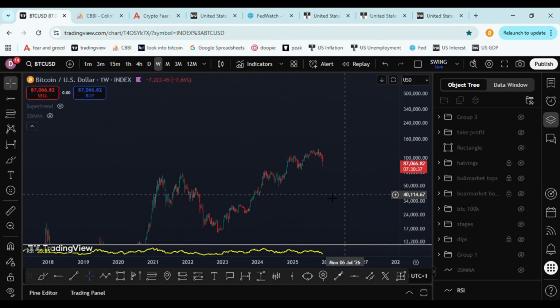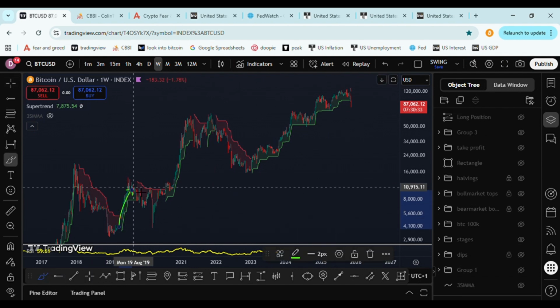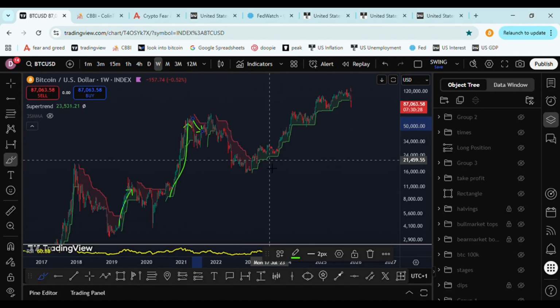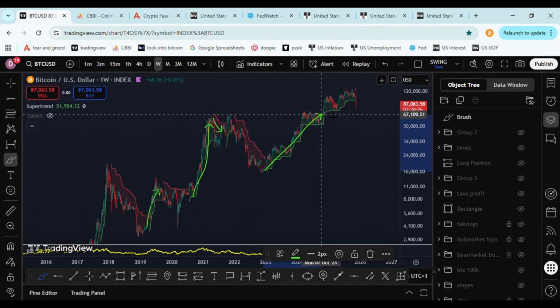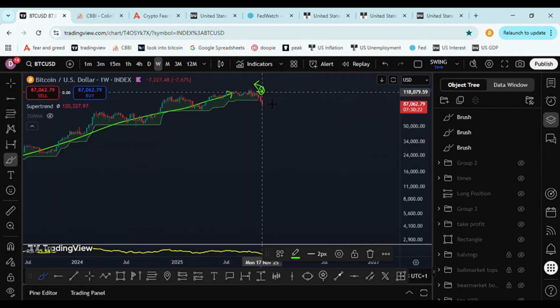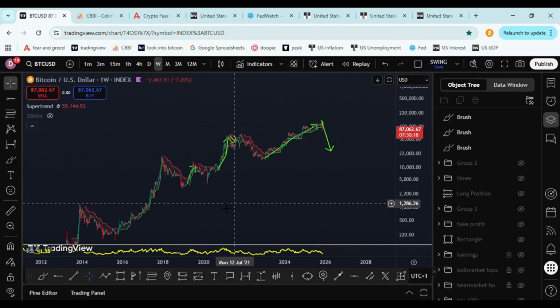Then the last indicator I want to take a look at is SuperTrend, which has always been a good indicator for a bull market, and when it switches to red, that would be the bear market. As you can see, we've had a very long bull market, but we've switched bearish right here. So that is also one more confirmation of the downtrend starting.